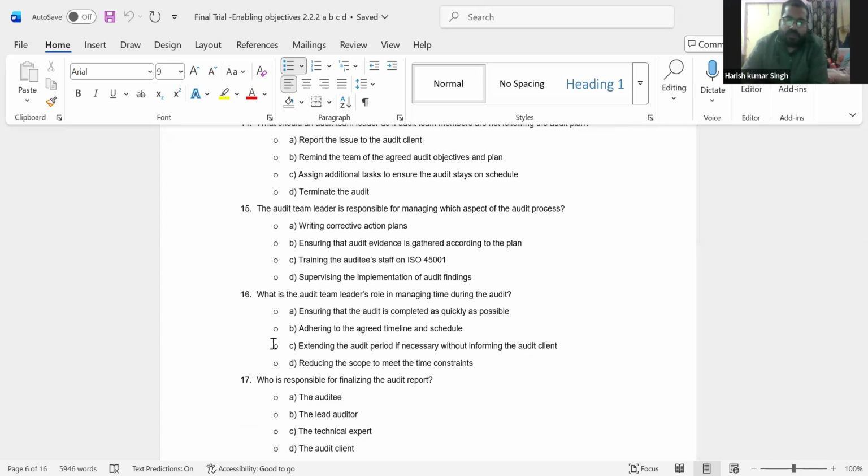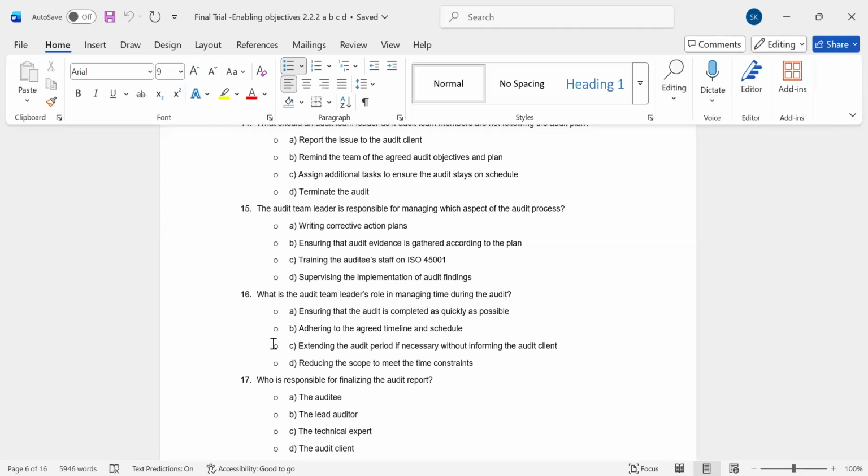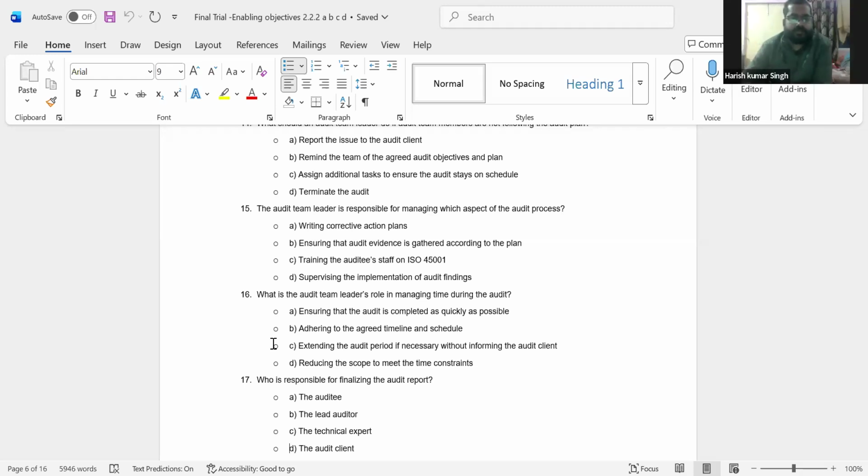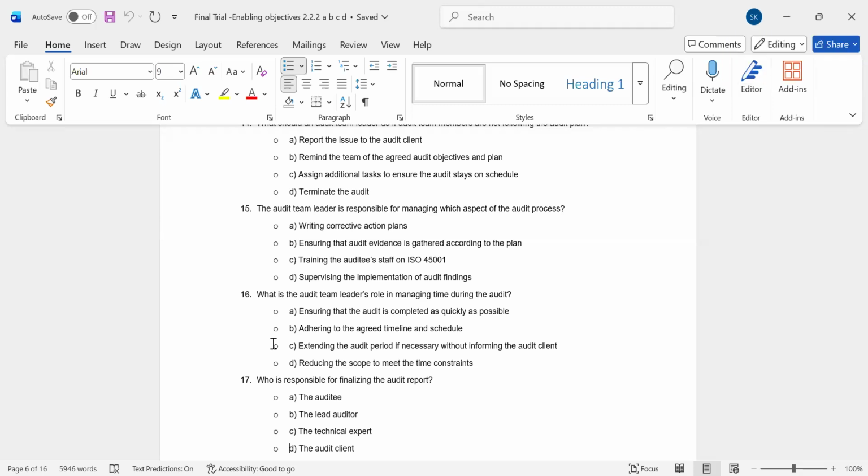D. Supervising the implementation of the audit findings. B, sir. Ensuring that audit evidence is gathered according to the plan. All right. Anybody, any other answer other than B? No, sir. Good, B is the right answer.